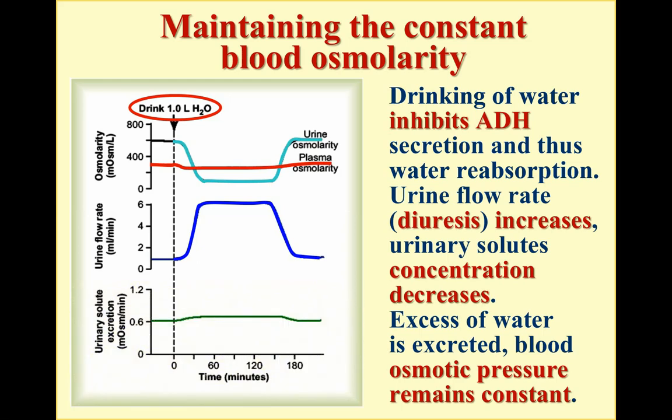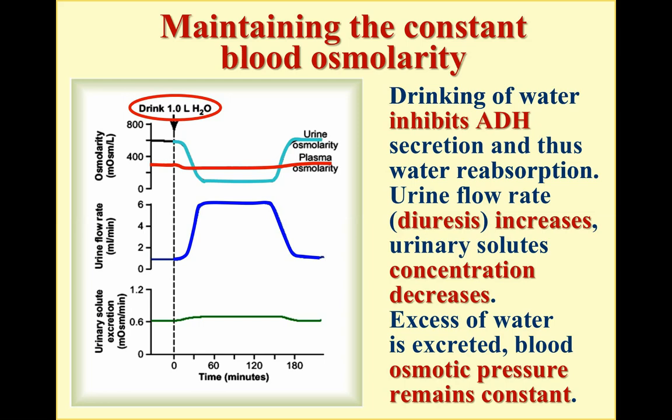And also you may see that the amount of dissolved substances in the urine, amount, not concentration, remains practically constant. The same amount of substances that should be excreted is excreted each next hour. How is it achieved? By higher volume and lower concentration, and the total amount remains the same.